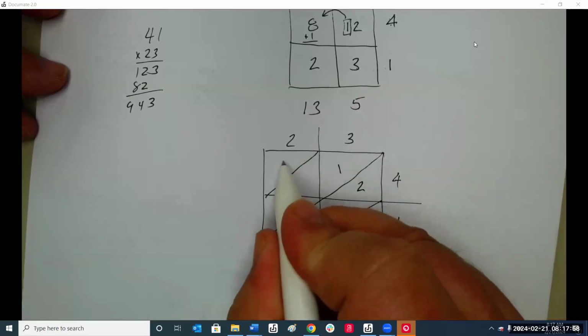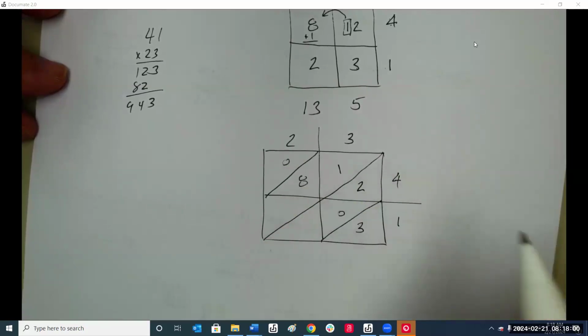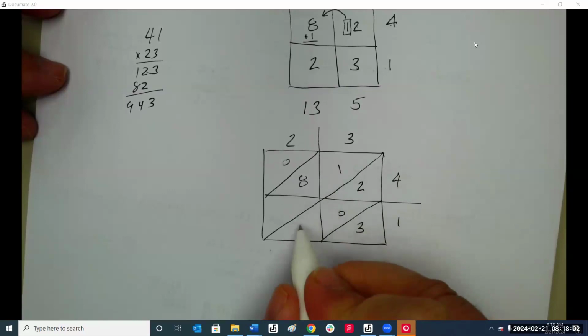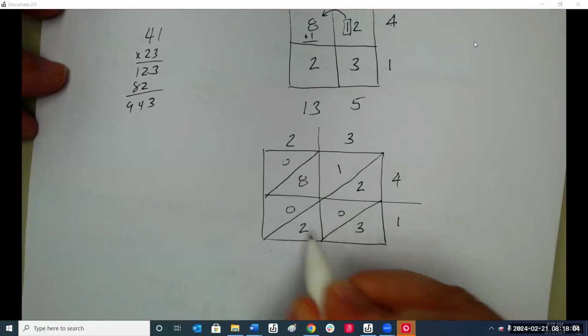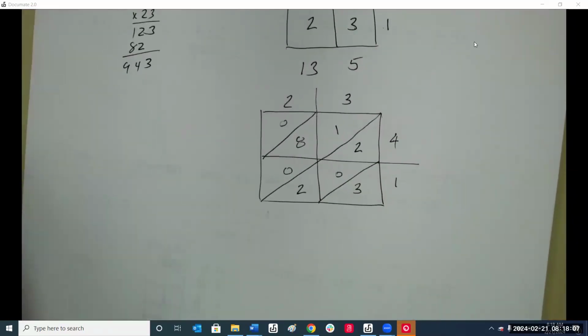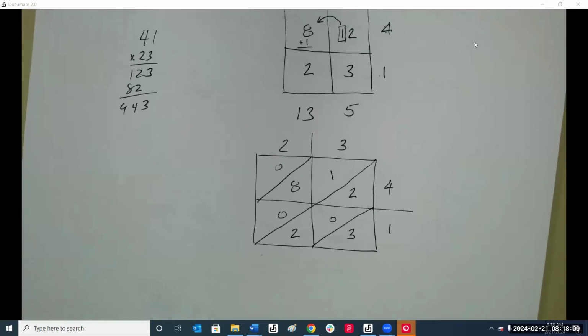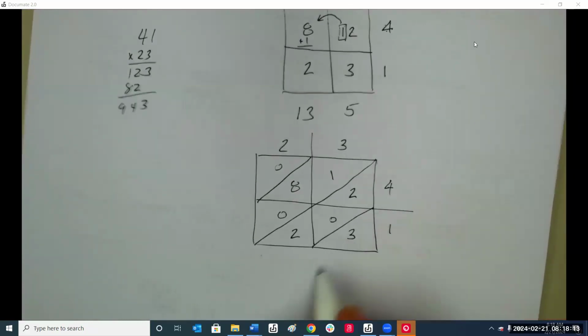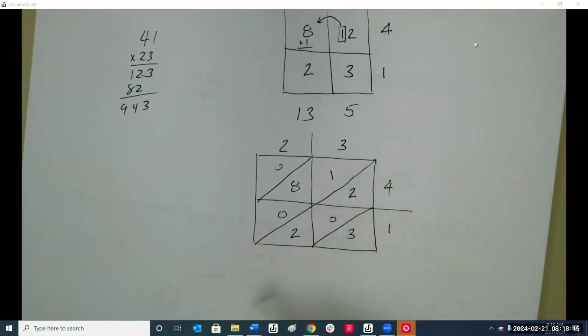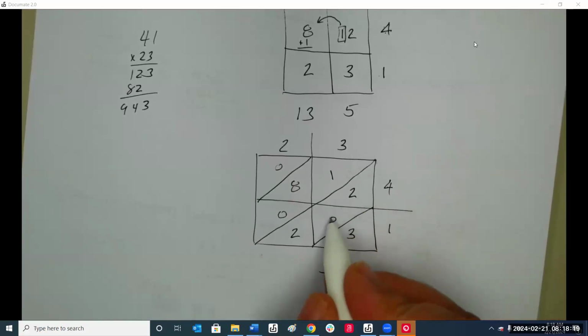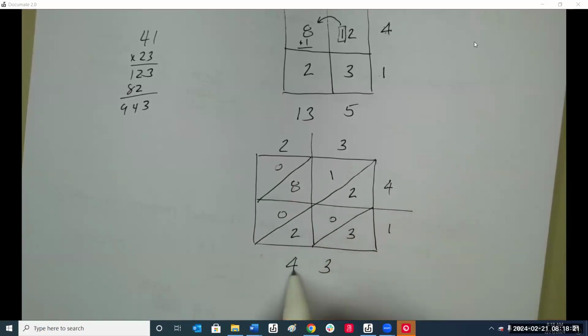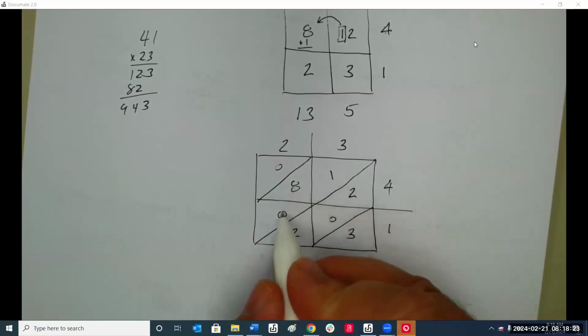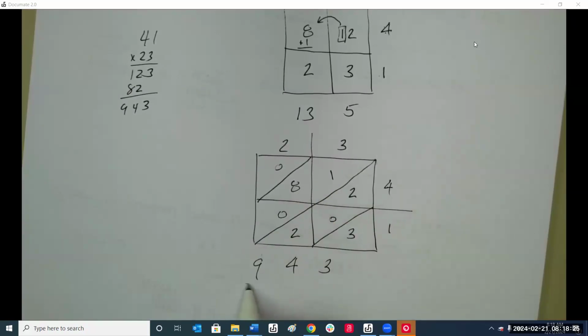Two times 4 is 8. 2 times 1 is 2. What do you do next with the lattice method? We add the diagonals. So this one becomes a 3. 2 plus 0 plus 2 is 4. 1 plus 8 plus 0 is 9. 943.